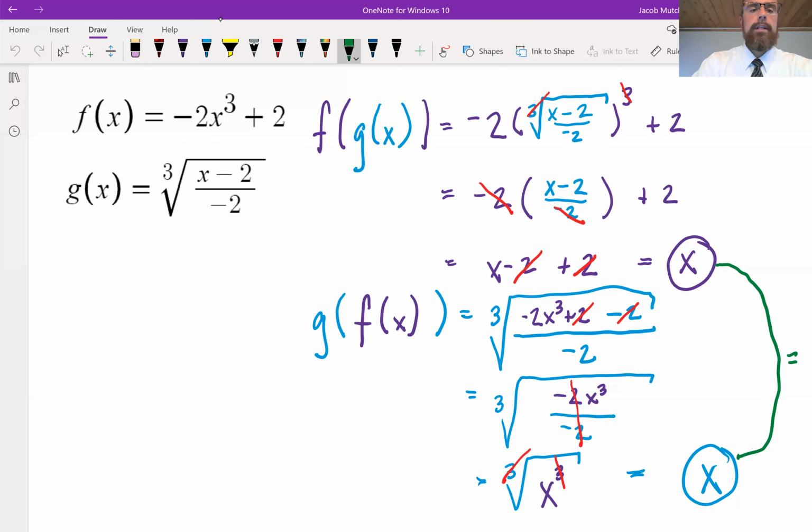So let's record that here over on the left-hand side. And what we'll do is we'll approach this statement from the point of view of two functions being inverses.